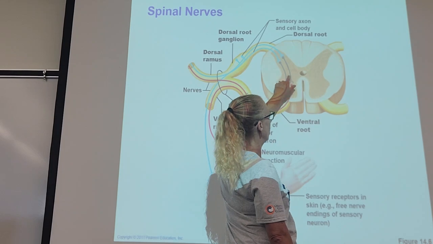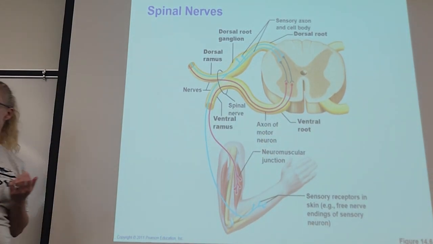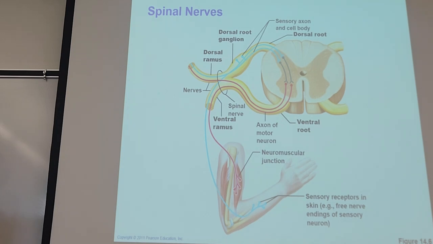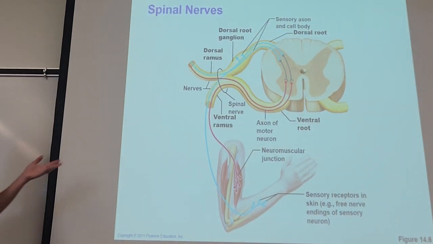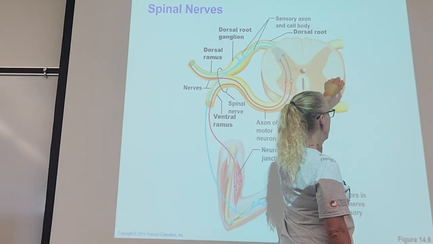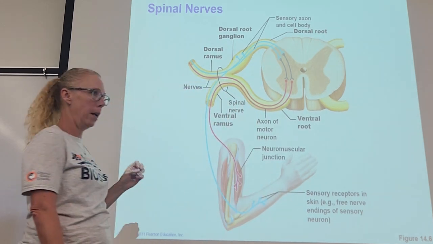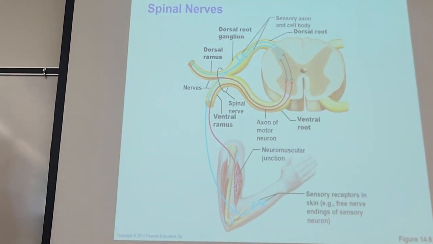It's going to synapse with interneurons, which are gray here, and that's where processing and analysis occurs. Interneurons are myelinated or unmyelinated? Unmyelinated if they're found in the gray matter. If we're talking about tracts that exit and go up to higher processing centers, then some of those interneurons are myelinated. It just depends.